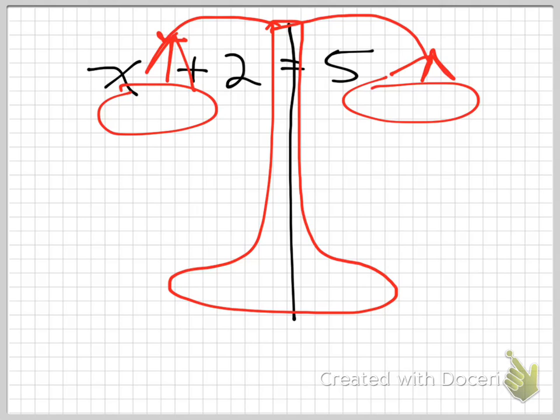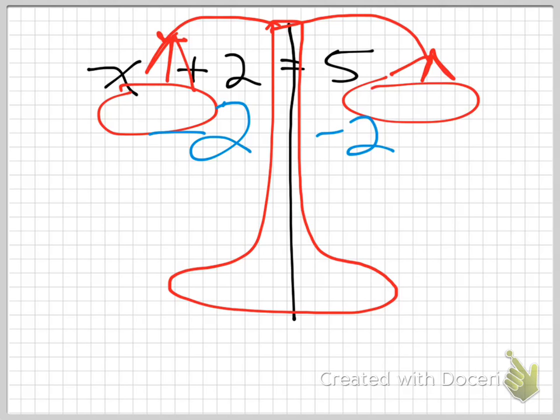In order for him to take away the 2 from his side, how would it stay balanced, people? If I take away 2 from right here, what do I have to do to keep it balanced, Sladen? Take away 2 from the other side.